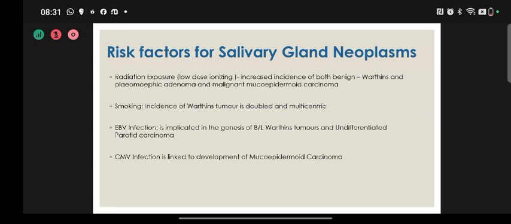There's an increased risk of Warthin's tumor seen in smokers, and Warthin's is specifically seen in smokers. Then Epstein-Barr virus infection is implicated in the genesis of bilateral Warthin's and undifferentiated parotid carcinoma. Others are CMV infection, which may be linked to mucoepidermoid carcinoma.